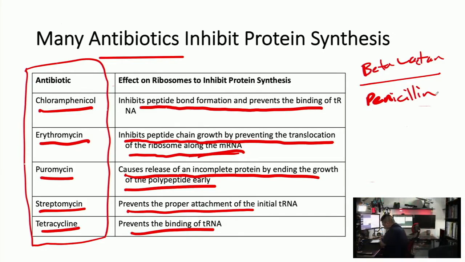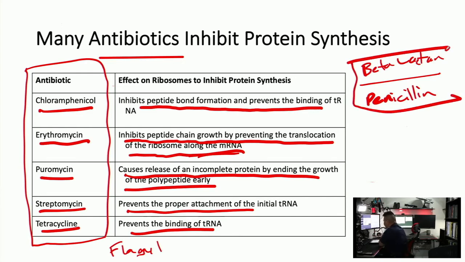There's another one here called Flagyl, right? I think that's how you spell Flagyl. I can't remember how to spell Flagyl, but that's another very powerful antibiotic. So just remember the difference, right? The beta-lactams, or the penicillin-based ones, right?